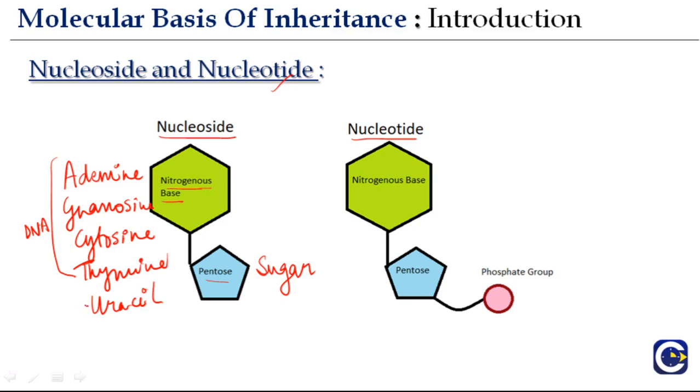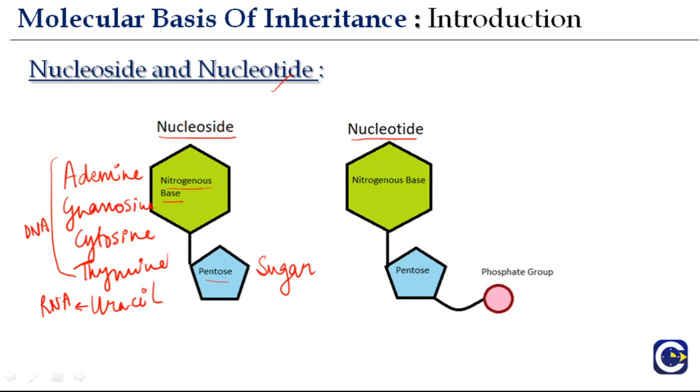Uracil is present in the RNA instead of thymine. We'll go through it in more detail later, but for now it is important to know that the nitrogenous bases are adenine, guanine, cytosine and thymine, as well as uracil. When a nitrogenous base is bonded together with the pentose sugar, it is called a nucleoside.